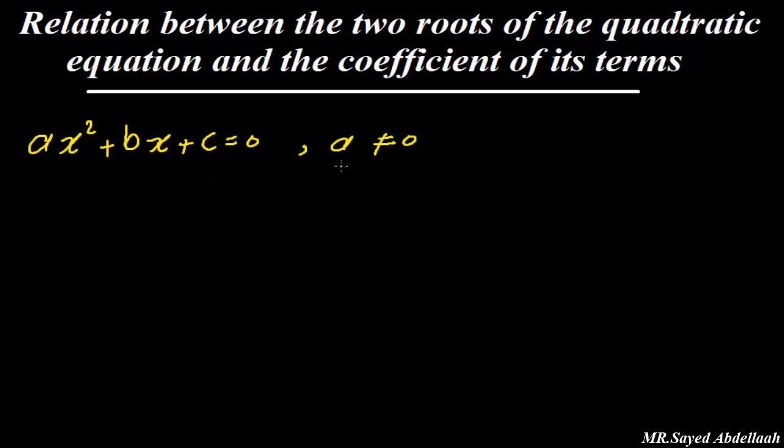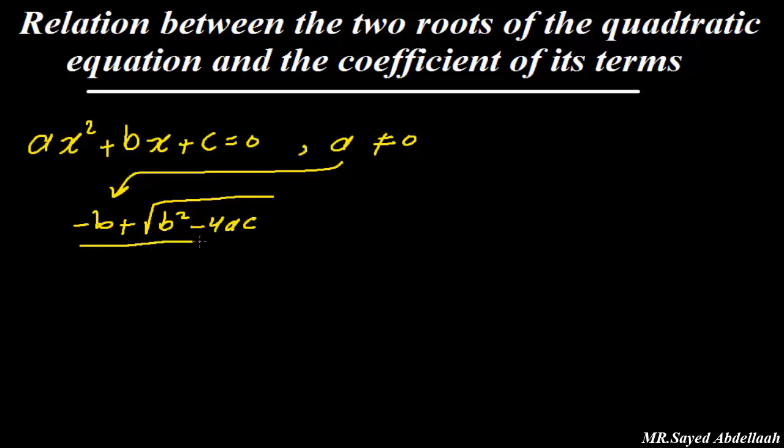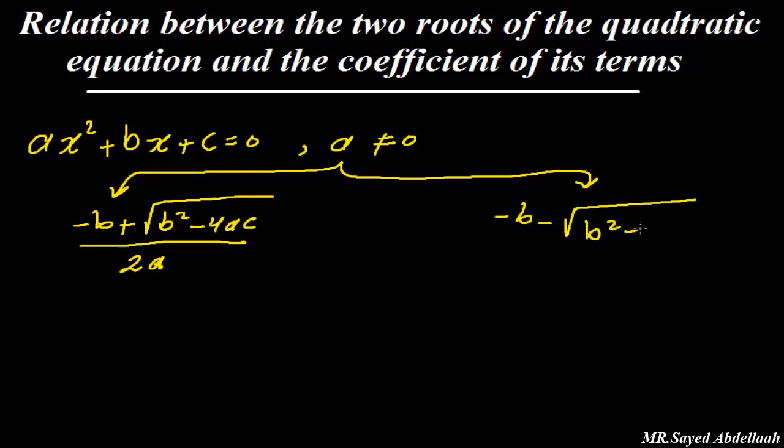Okay, from the general formula, the two roots are negative b plus the square root of b² minus 4ac divided by 2a, and the second root is negative b minus the square root of b² minus 4ac divided by 2a.